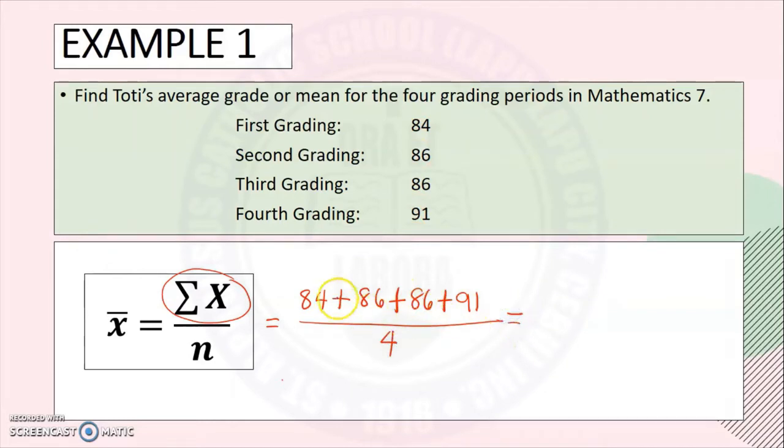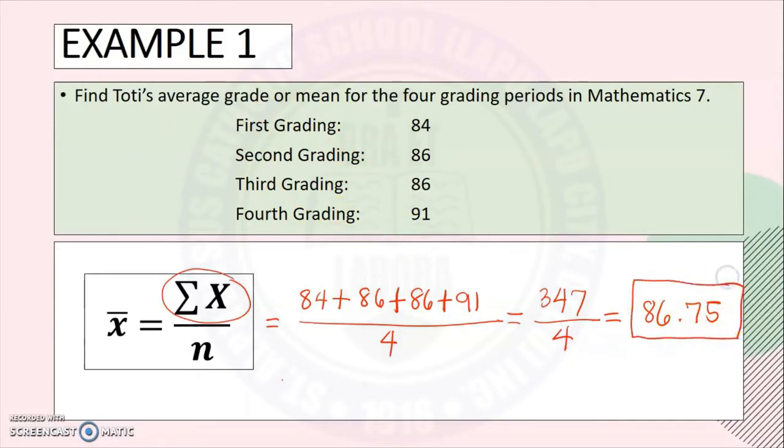Now let's simplify. 84 plus 86 plus 86 plus 91 is equal to 347 divided by 4, and that is equal to 86.75. So that means the mean for the 4 grading periods of Totti's grade in math is 86.75.